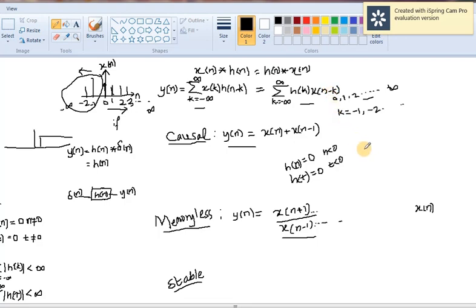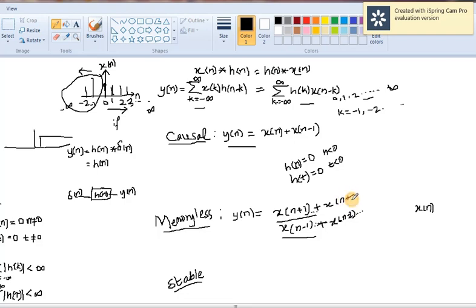It depends. If the k's are 0, 1, 2 and so on, we start getting x of n minus 1, x of n minus 2, x of n minus 3 and so on, which may extend to infinity. And if the values of k are minus 1, minus 2, we start getting x of n plus 1, x of n plus 2 and so on.